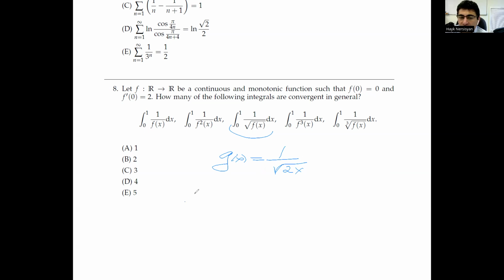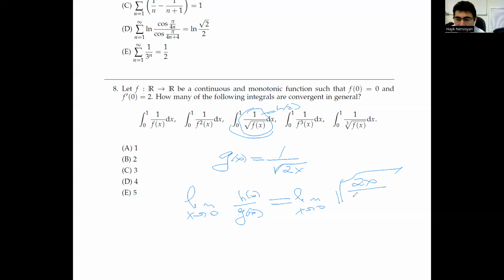Because the limit as x goes to 0 of f(x) over g(x) is... Guys, let me use another letter here. This h(x), where this is our h(x). So the limit as x goes to 0, we have a big root 2x over f(x).